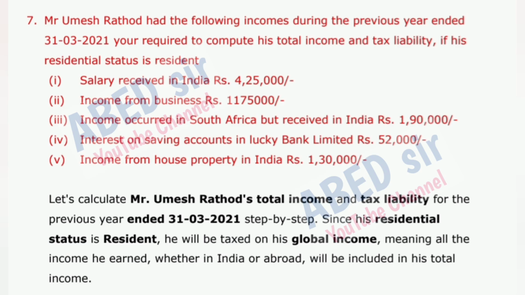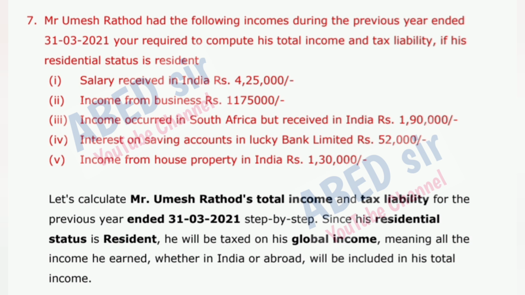Mr. Umesh Rathod had the following incomes during the previous year ended 31st March 2021. You're required to compute his total income and tax liability if his residential status is resident. 1. Salary received in India 4,25,000 rupees. 2.